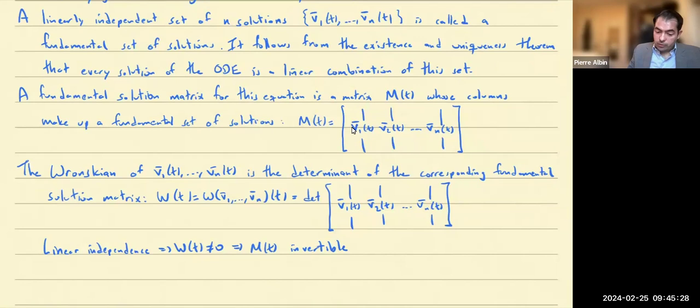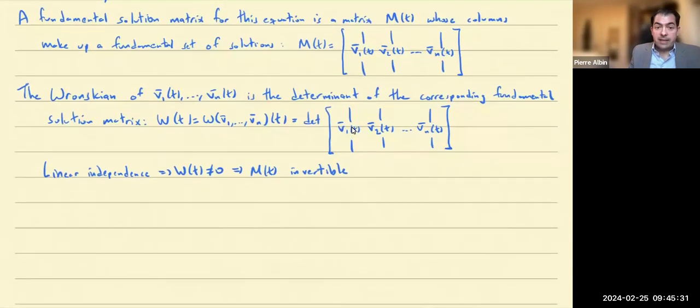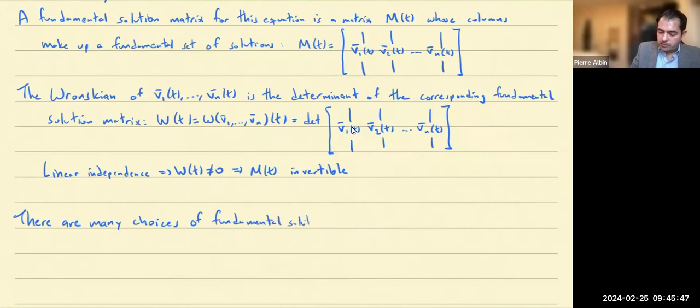So it's worth pointing out that there are many choices of fundamental solution matrix. Infinitely many choices, since there are many choices of fundamental sets of solutions.